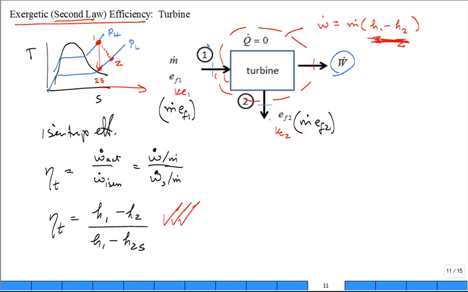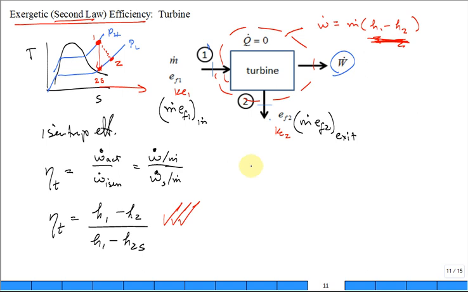It's a flow rate of exergy with the fluid. This flow in is going to be greater than the exit. Where did that exergy go? Two places. In the shaft power or destroyed. Destroyed due to irreversibilities.